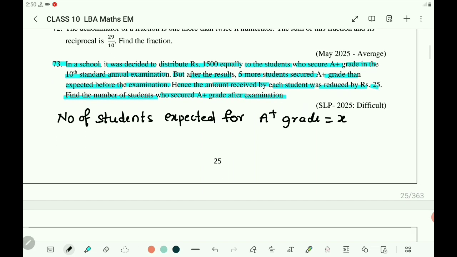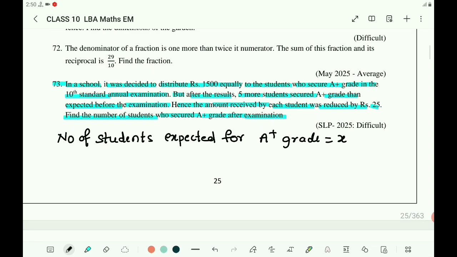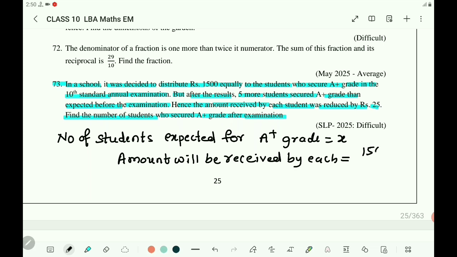Then the amount received by each student becomes 1500 by x. Consider this is the first one.